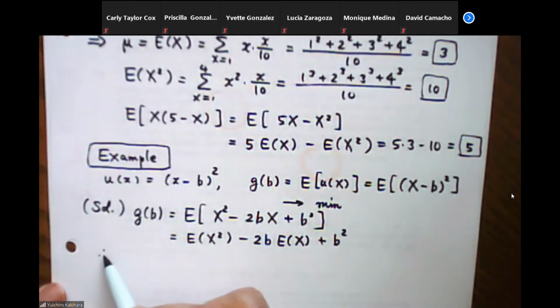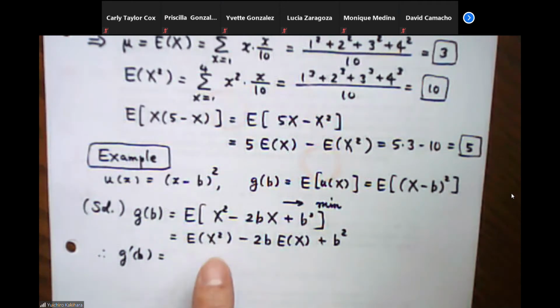So what is the derivative, g prime of b? This is a constant, so this is 0. This part has b, so negative 2 times E of x, and then this part is 2b.